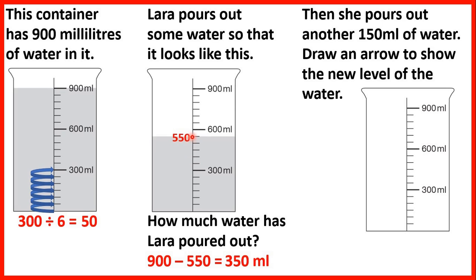Or we could work out that we have 550, so if we take 150 away, we will get 400. So because each of these lines stands for 50, we have 300, then 350 is the next line, and 400 will be the line above that. So we need to draw our arrow here.